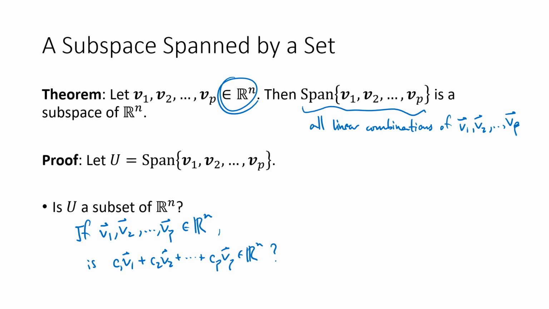And of course the answer is yes, because how would you get out of Rn? The only way that you could not be in Rn is if somehow the number of entries in your vector changed. And if we multiply a vector by a scalar, that doesn't change the number of entries. And if we add two vectors that have the same number of entries, the result still has the same number of entries. So all of these vectors have n entries. Again, the only thing that can go wrong for this first thing that we check, for the subset, is if we have the wrong number of entries. It's the only thing that can break here.